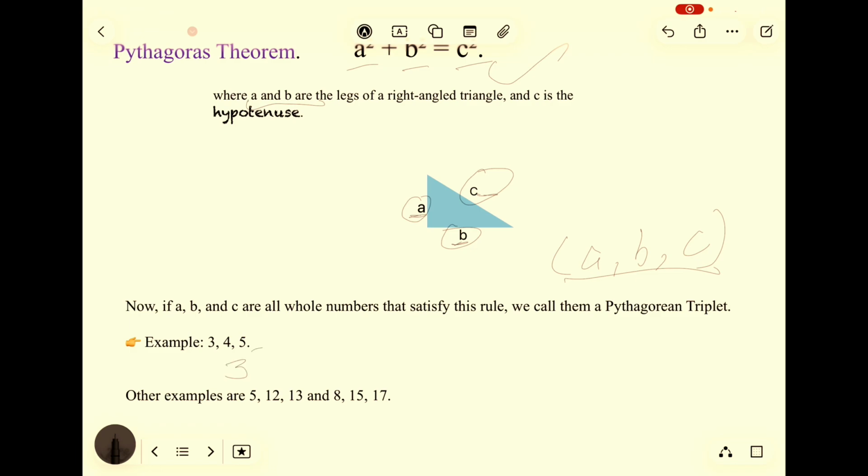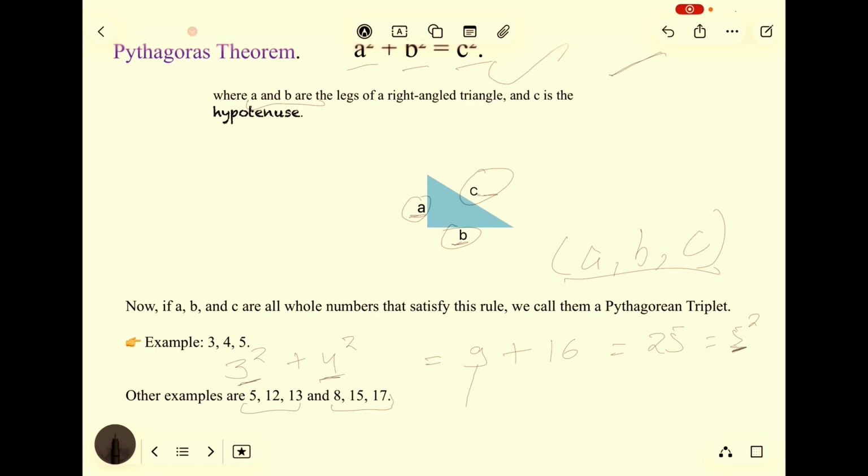If we square these two numbers and add them, we will get 9 plus 16, which is 25. That is a perfect square of 5. Then the third side will be 5. And these three numbers which satisfy this Pythagoras theorem are called Pythagorean triplets. Other examples we have are 5, 12, and 13, and 8, 15, 17.